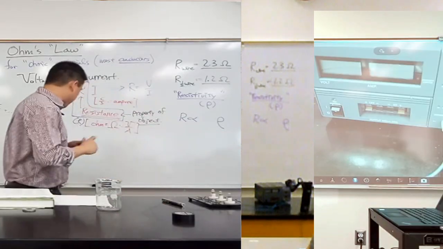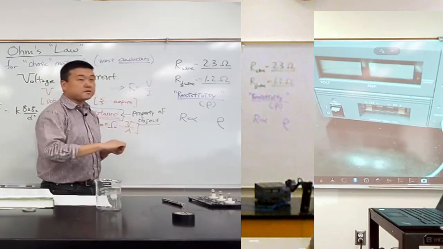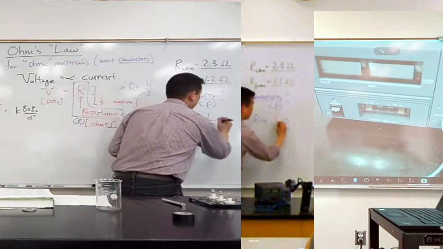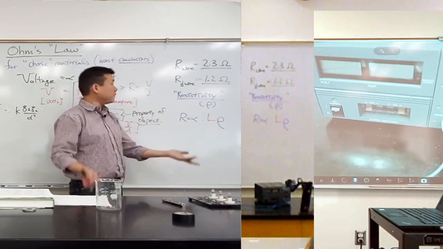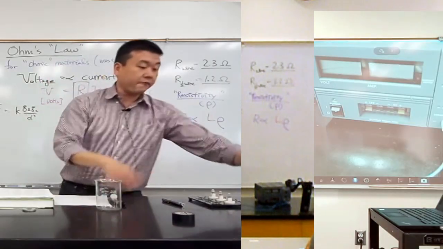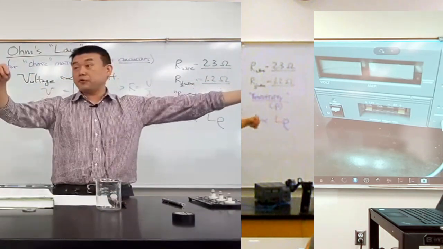And what you guys got at intuitively was that resistance is also proportional to the length of the material, right? Because your intuition says that if I have a longer material, then there's more things resisting the flow of charges.